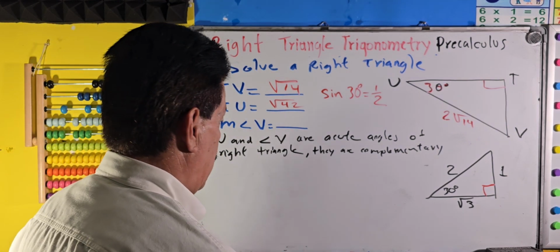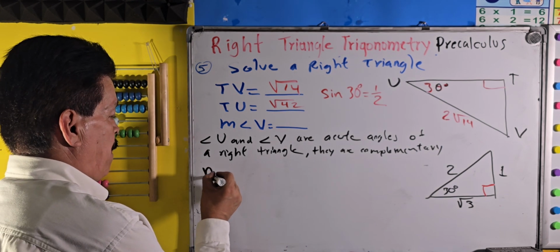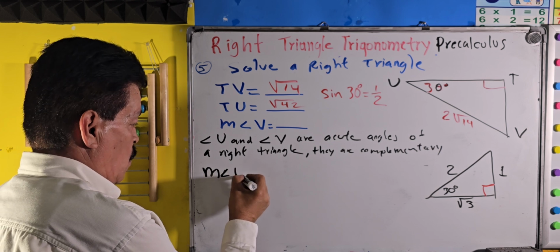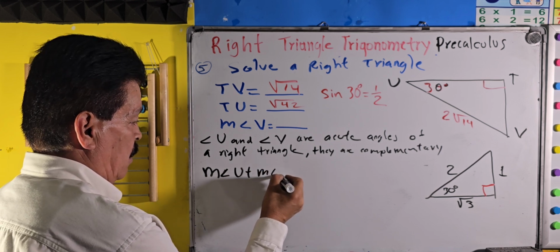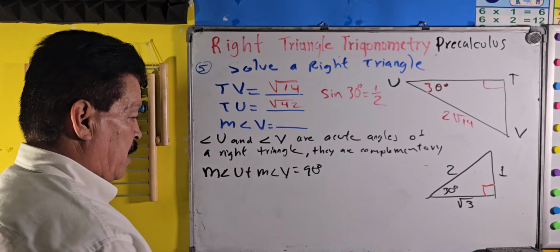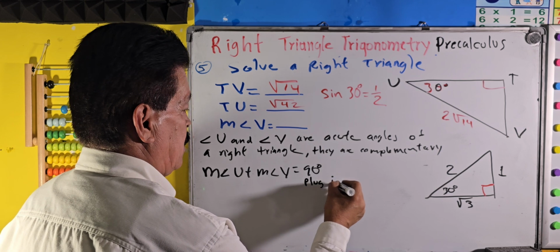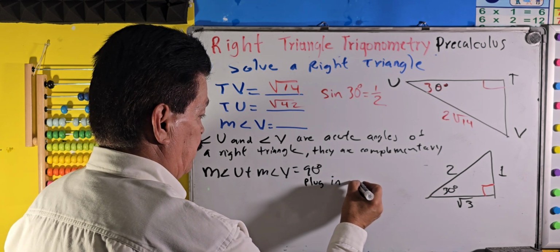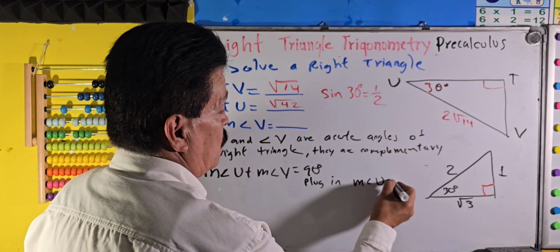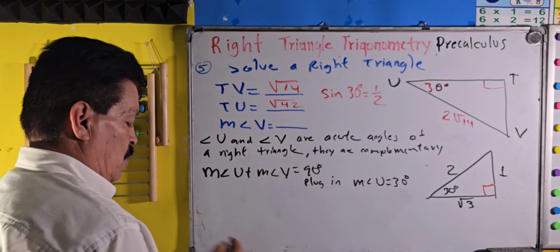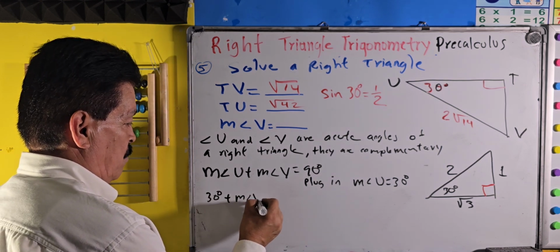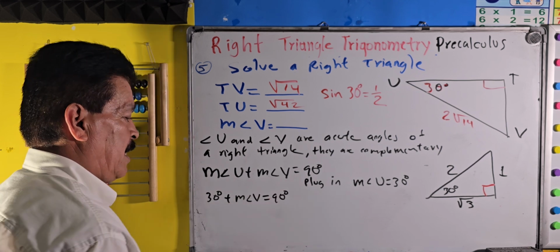This way we have to write the measure of angle U plus the measure of angle B equals 90 degrees. That's the same thing, right? So we plug in the measure of angle U, which is 30 degrees. So we write 30 degrees plus the measure of angle B equals 90, right?